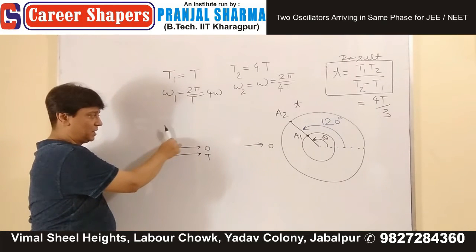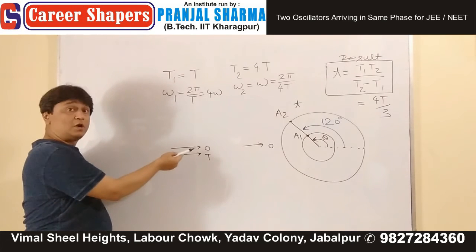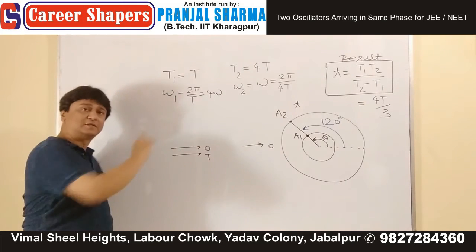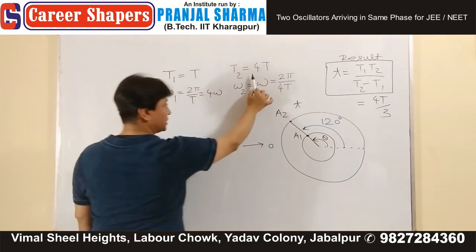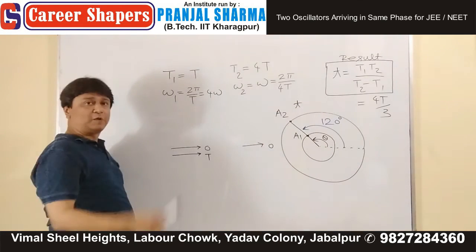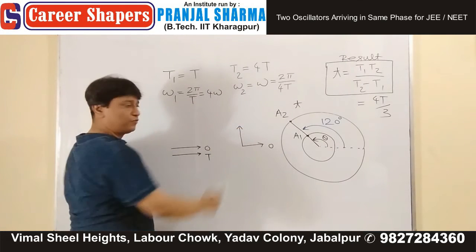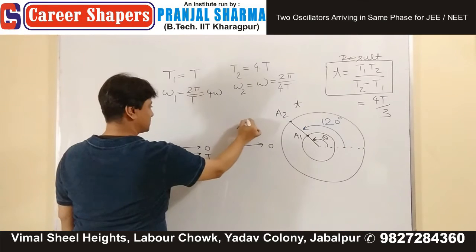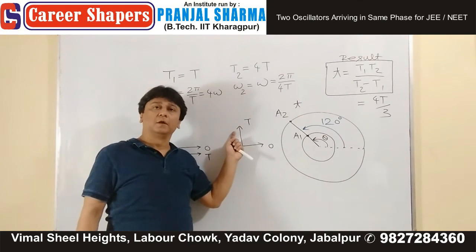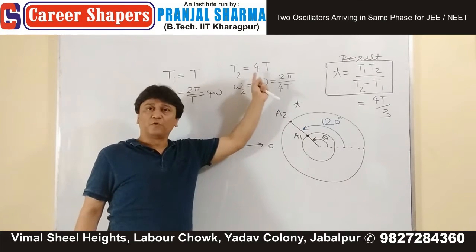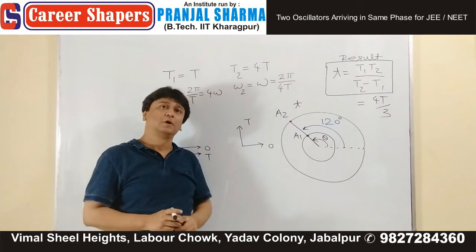After capital T, the first rod completes one oscillation, that means one complete circle. What about this? Its time period is 4t. That means in time t, it will only cover 1/4. So when time is t, the second rod is over here. Its time period is 4t. It can only cover 1/4 oscillation.